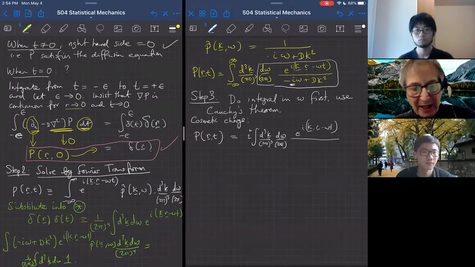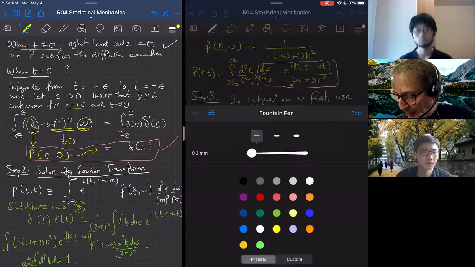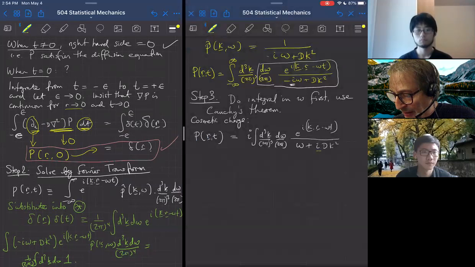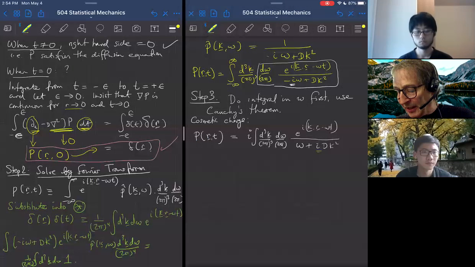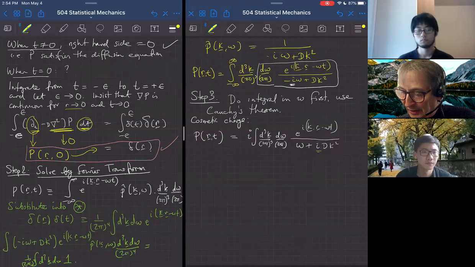And then once I've taken that i out, what's going to happen down here is I'm going to get omega plus i D k squared. So what's happened is the i factor has now gone to here. So why have I done it like that? Well, I've done it like that because I'm going to do this integral from minus infinity to plus infinity of omega, and I'm going to do this integral by contour integration.